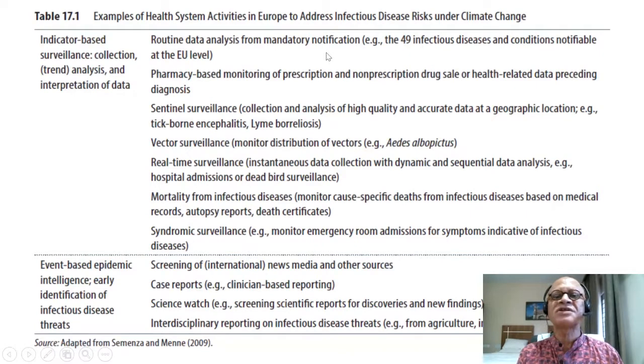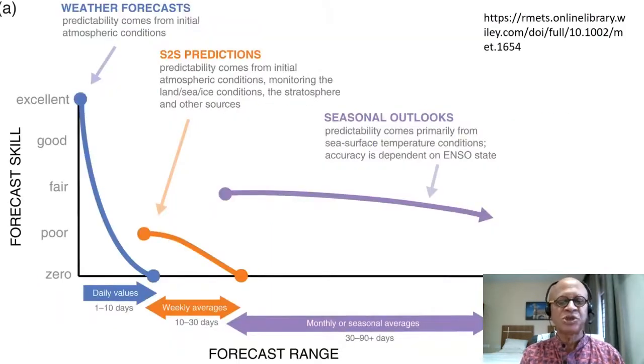So these are already things that are happening in Europe, which is usually ahead of the curve in terms of dealing with climate impacts, both in terms of mitigation and adaptation. Okay. The other thing that is involved in immediate adaptation is, of course, what we already talked about in terms of early warning systems, right?